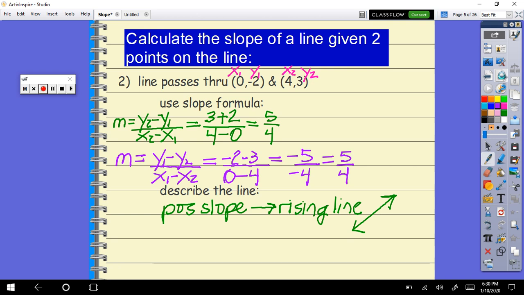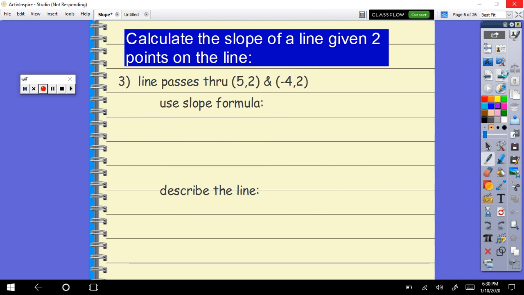So two more quick Algebra 1 style examples. I'm going to start out again saying, let me call this x1, y1, and I'll call my second point x2, y2. The slope is going to be y2 minus y1 over x2 minus x1.